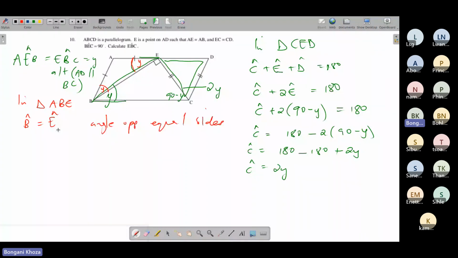So this and that are the same, right? We don't need to go that route.